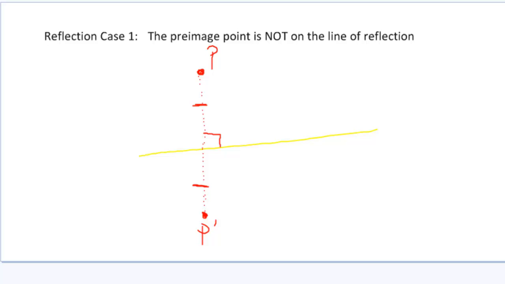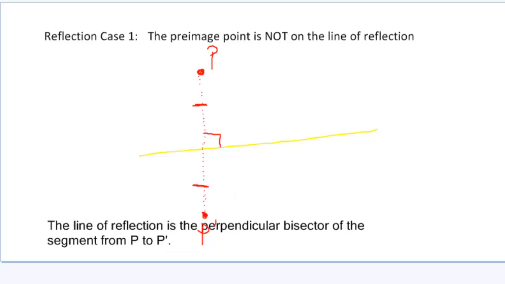As a result, we could say the line of reflection is the perpendicular bisector of the segment from P to P prime. That's why this top segment and this bottom segment are congruent. The long segment from P all the way down to P prime is being chopped in half by that line of reflection.